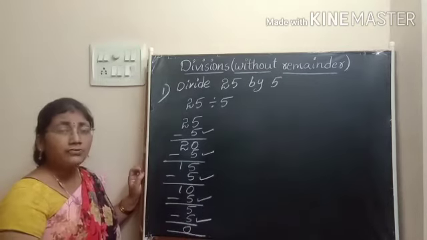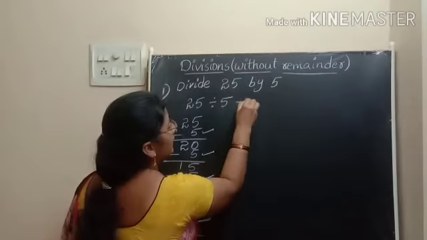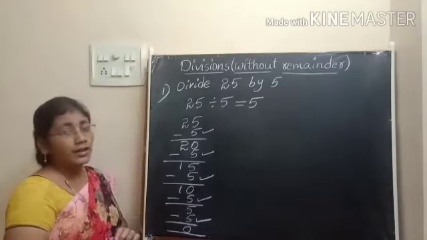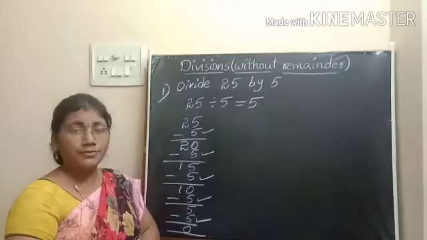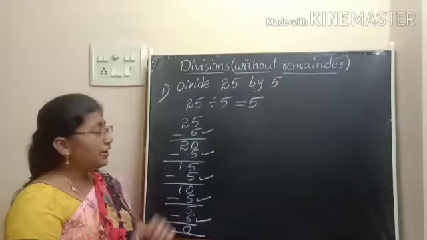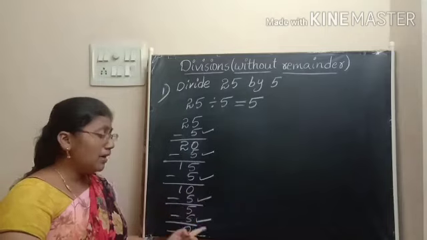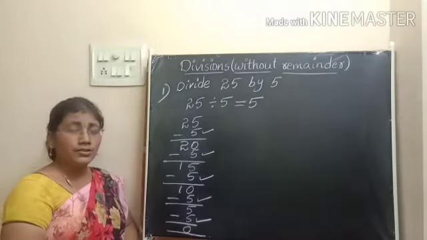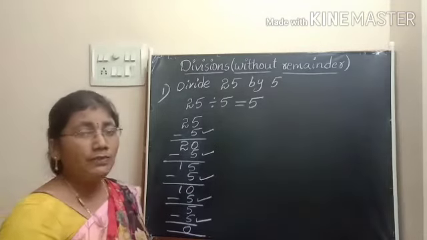So the result is equal to 5. 25 divided by 5 is equal to 5. We get the result by subtracting 5 repeatedly 5 times. We get the same operation by using division.